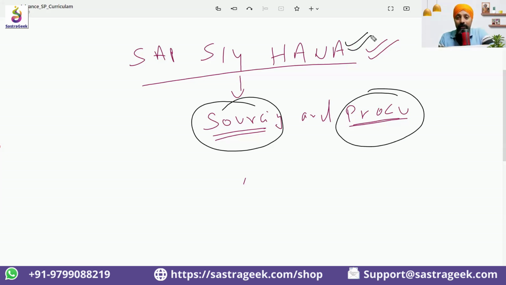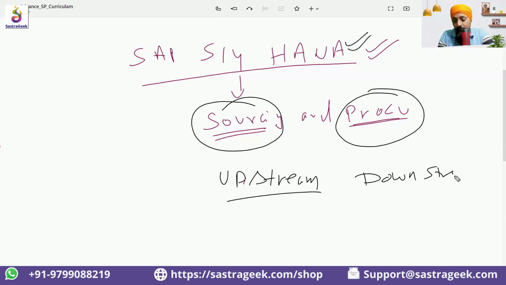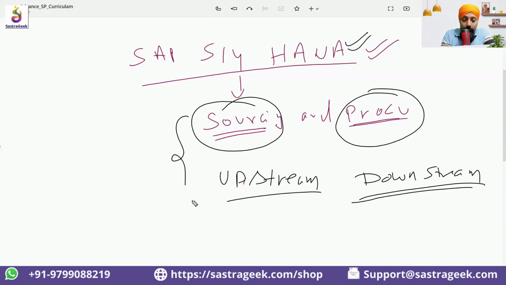And when we talk about Ariba, we use the terminology upstream and downstream. So this upstream, or sourcing, as a functionality, what does it do, and how is it different from procurement? You need to understand it.